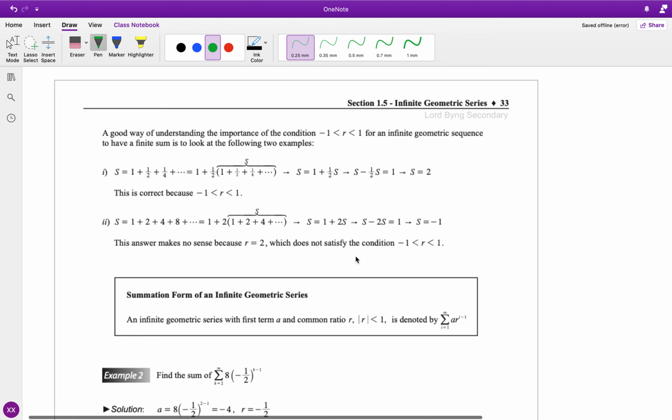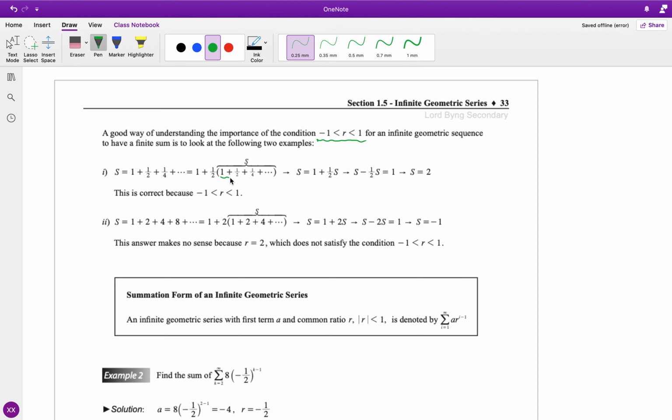Now here it is trying to tell us how important this restriction is. The way it proves this restriction is important is, let's take a look at the sum. Suppose it is a large enough number of terms added together. If R is 1/2, you can pull the 1 out, and then you factor out a 1/2.